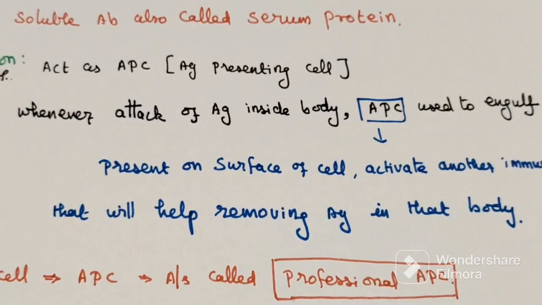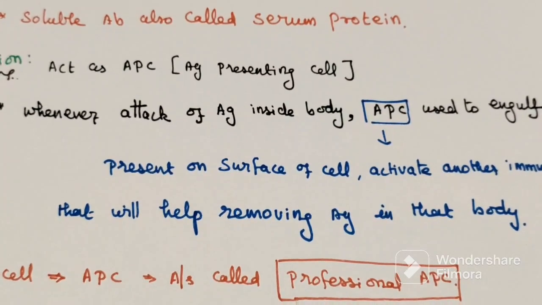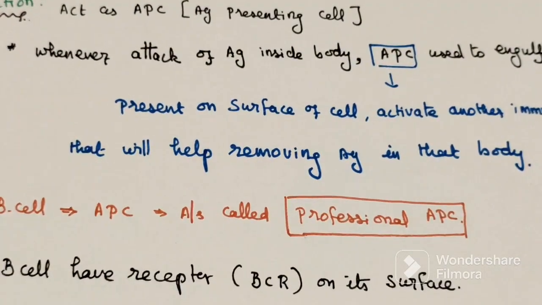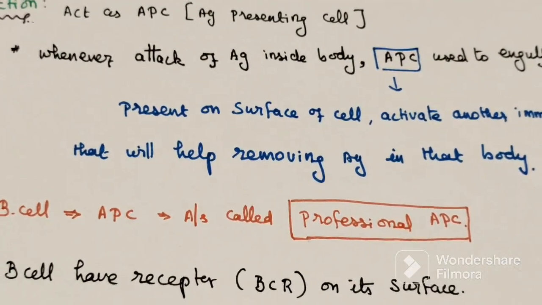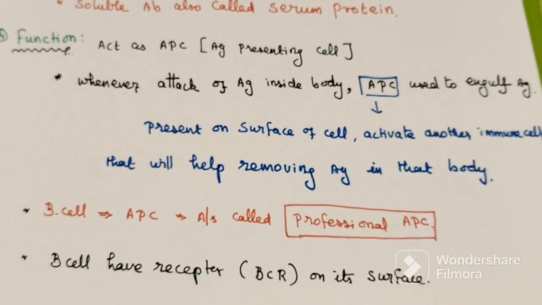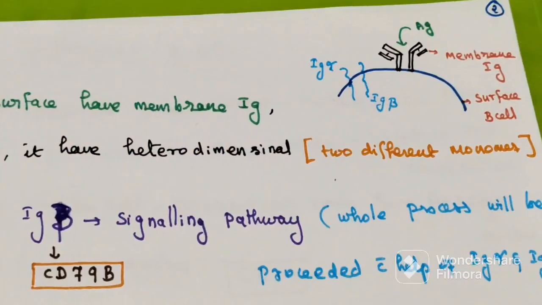Apart from this, B cells have a receptor, the B cell receptor, BCR, on the surface.